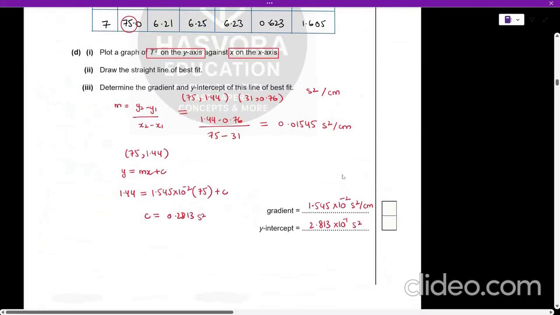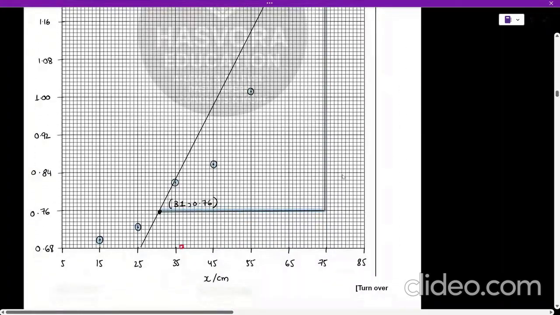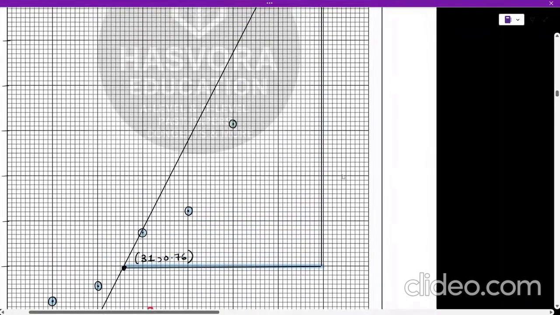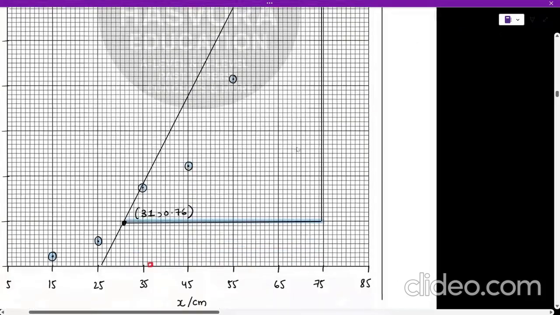Now they are telling us to calculate the gradient and the y-intercept of this line of best fit. For the gradient, you are going to make a large triangle. The triangle should be such that the hypotenuse is greater than half of the length of the baseline.